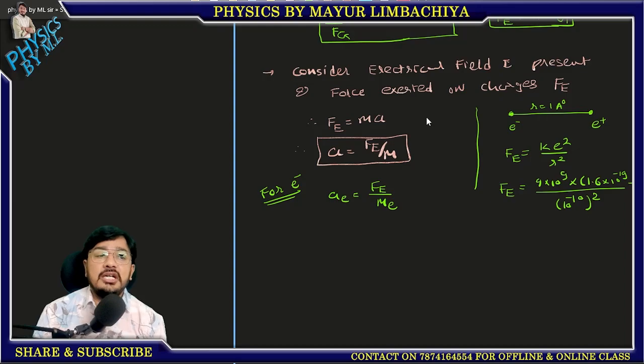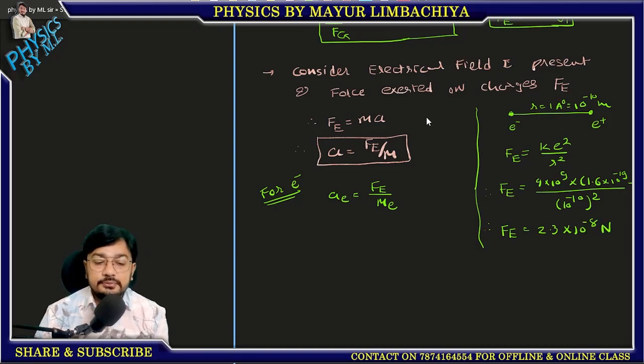Why have I written like this? Because 1 angstrom is what? 10 raised to minus 10. So if you calculate these, the Fe will be 2.3 into 10 raised to minus 8 Newton. So just verify by calculating it, so you can have the confidence on this value.